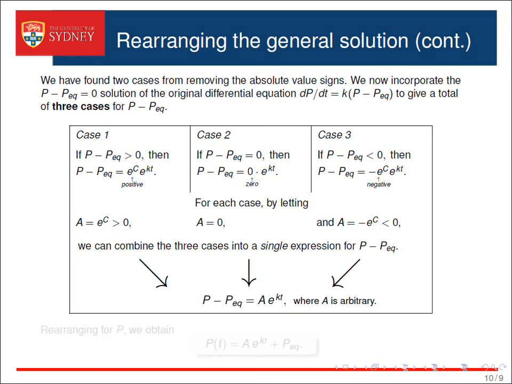This gives us just one simple equation. P minus P eq is equal to A e to the kt, where A can be positive, negative, or 0. We then add the equilibrium solution, P eq, to both sides to obtain the final solution, P of t equals A e to the kt plus the constant P equilibrium.